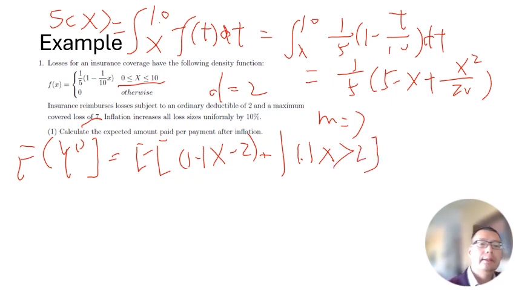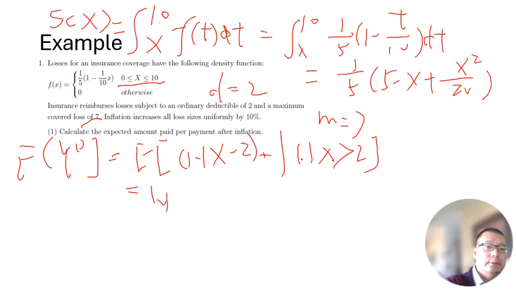Because the fx is a formula, it's not any normal distribution, so we just have to do it based on the definition of this. We cannot utilize any formulas because this is not a normal or common distribution that we have. So we start with this and we calculate each of these.